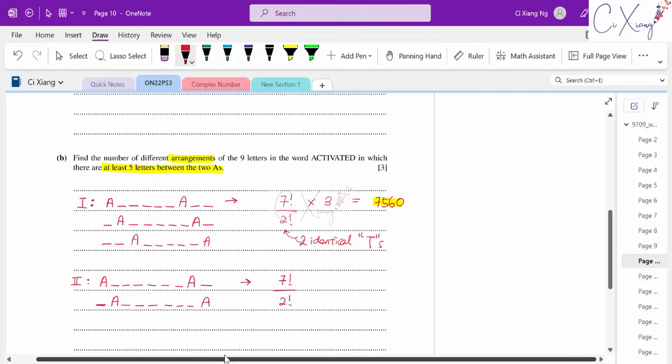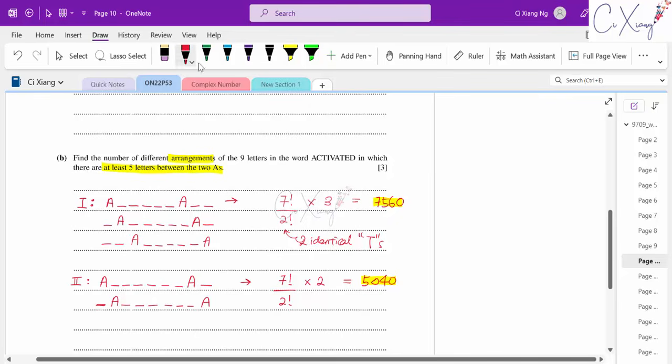Then for this case, 6 letters between 2 A's, you can see that we can list out 2 possible positions for A. Therefore, I have to multiply with 2. Therefore, for the second case here, the answer that we get should be 5040.